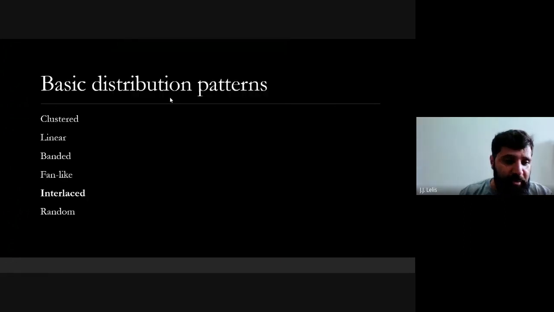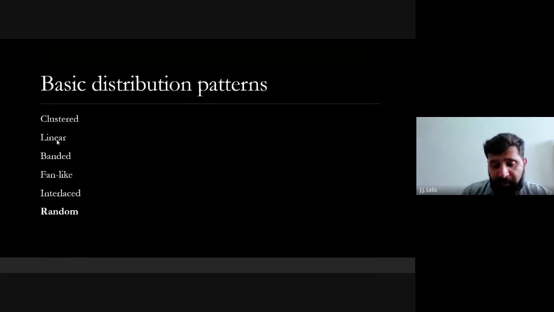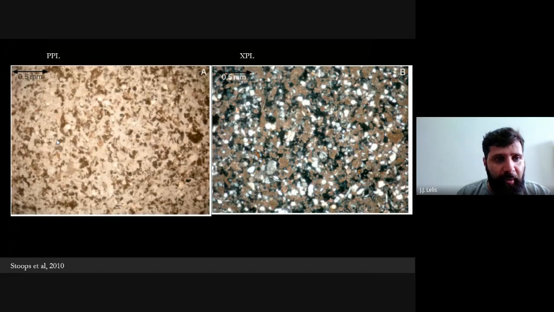We can see the interlaced voids, in this case, the planar voids. They intersect each other. And we can see some random pattern that shows us that we don't have any specific distribution or organization of these materials. So in this case, these coarse crystals are randomly distributed.